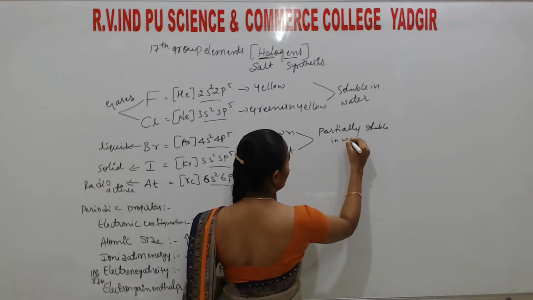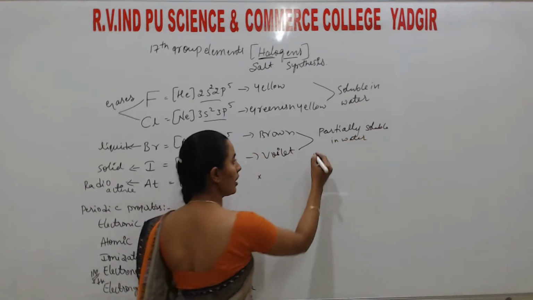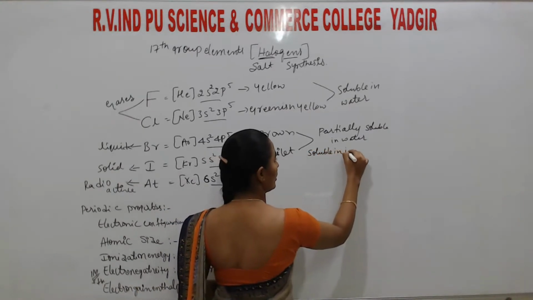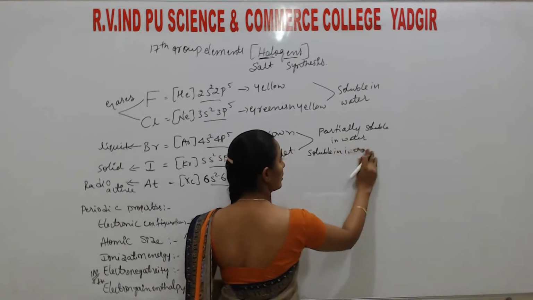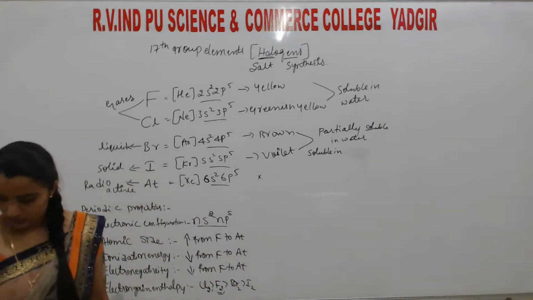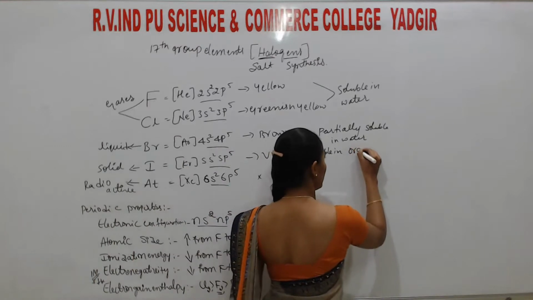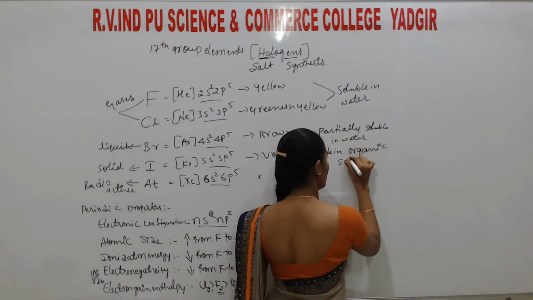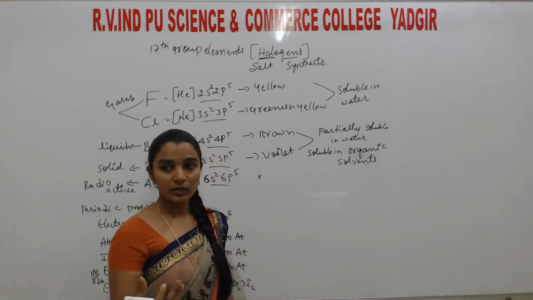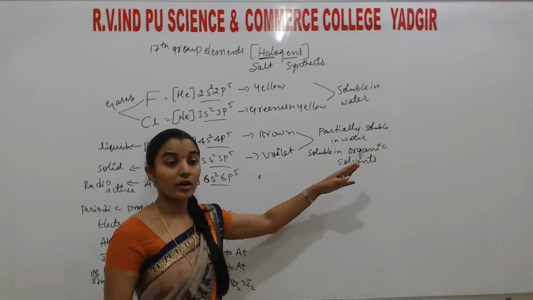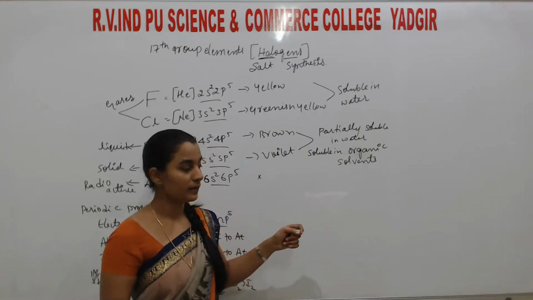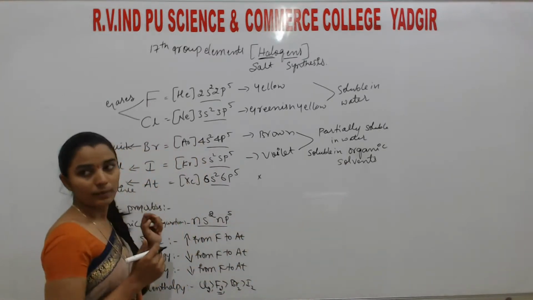They are completely soluble in organic solvents. Organic solvents means ether, benzene, acetic acid, like that. Inorganic solvents means HCl, H2SO4, water, ammonia, like that. So these are the physical properties.